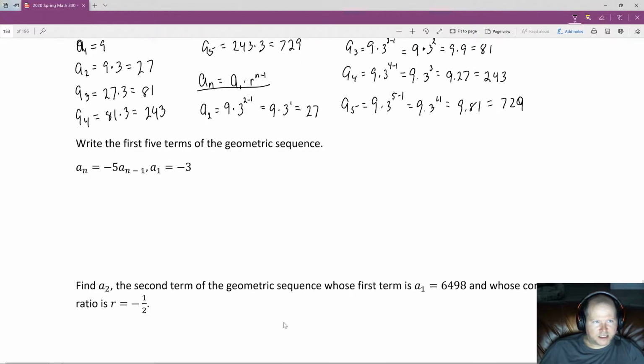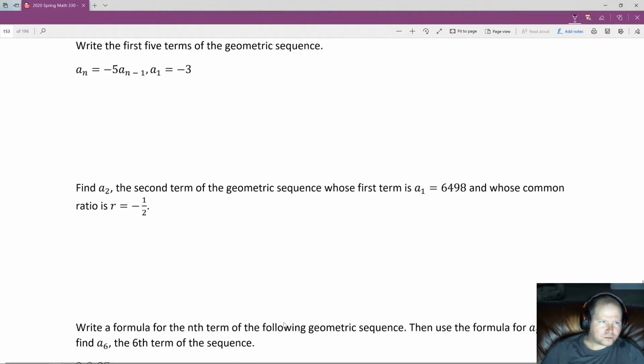Okay, so let's try this again. So they gave you the first one right here, so you don't need to find that one. So now you're trying to start with finding the second one. Okay, so if we plug it into this formula they gave you, everywhere they have n, we're going to plug in a 2 now. So negative 5 times a_(n minus 1), which in this case is going to be a_(2 minus 1).